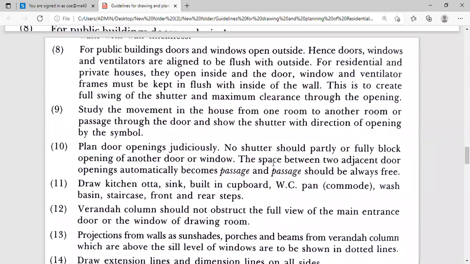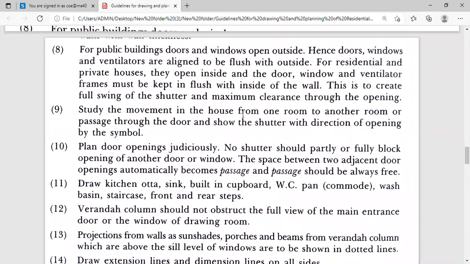a provision of, or at the time of deciding the location of the door or window, we have to take due care, means after provision of that door at a particular location, whatever door shutter is there, it will be open fully or not, or if it is open fully, is there any kind of obstruction to any other door or to any other window openings, okay.